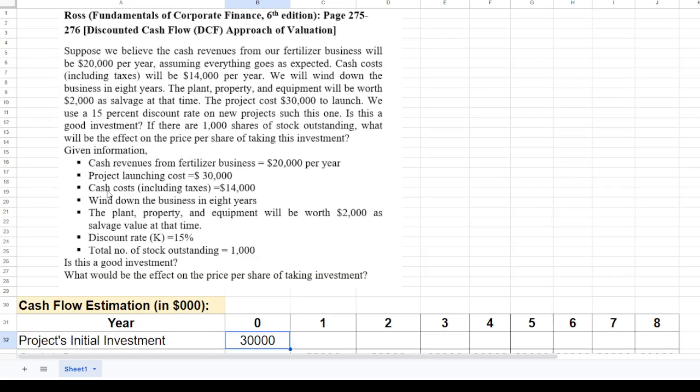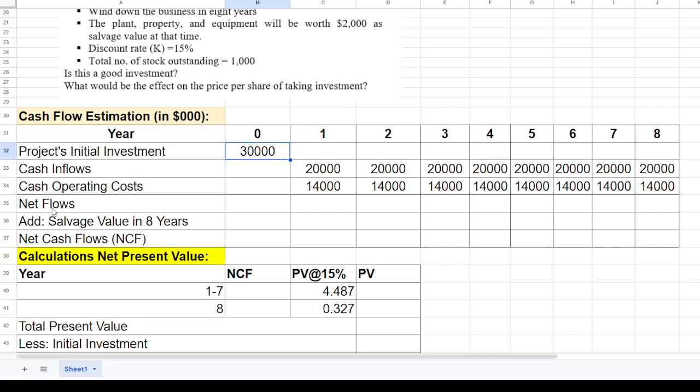While the cash cost, the operating cost, is 14,000 per year. So the net flow would simply be the inflow minus outflow, and it will be 6,000. Then just drag it, you will find your value.